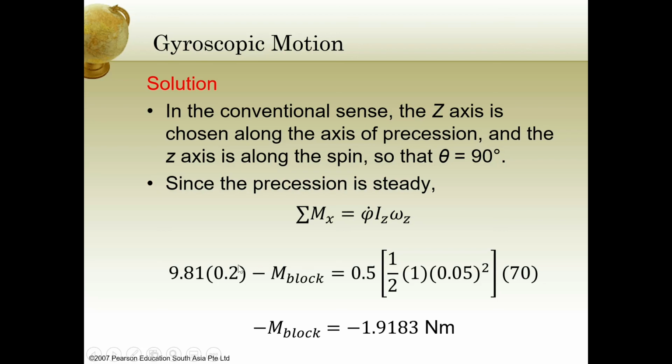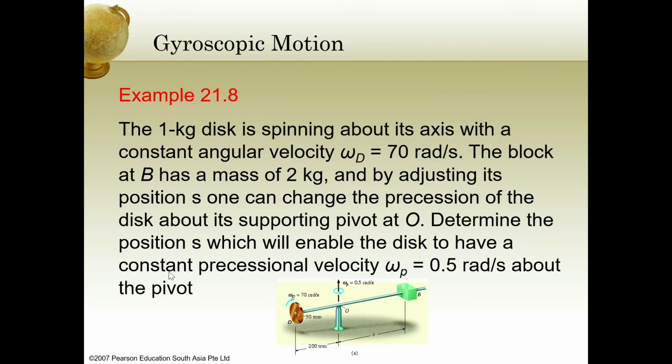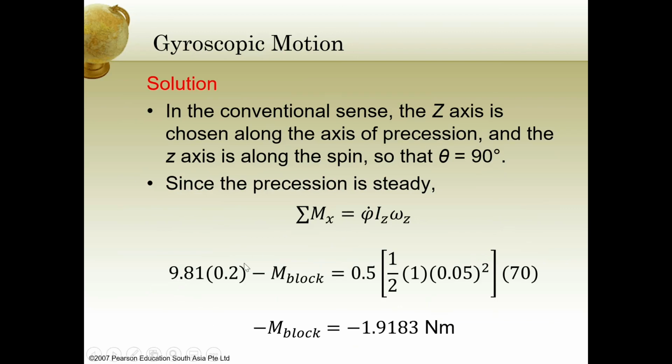Okay, and now we go to the left hand side. These are the moments involved in this system. The first one is the disc at the left hand side right here, and another one is the block. For the disc, 9.81 is the weight: 1 kilogram times the 9.81 gravitational acceleration, so we get 9.81 Newton.